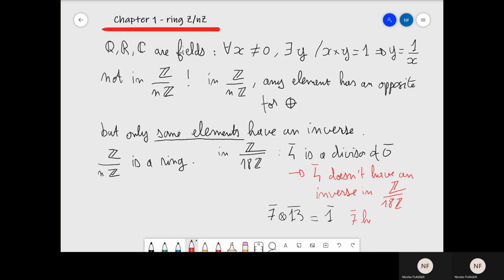So 7 bar has an inverse in Z over 18Z. So can we go a little further and try to find some general rule that would only depend on n, avoiding making calculations or multiple tries to know if an element has an inverse or not?